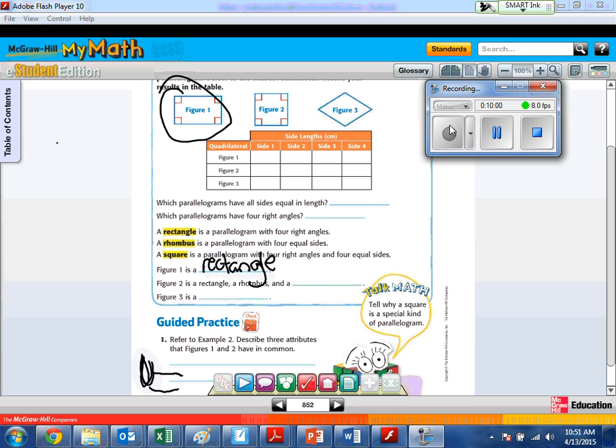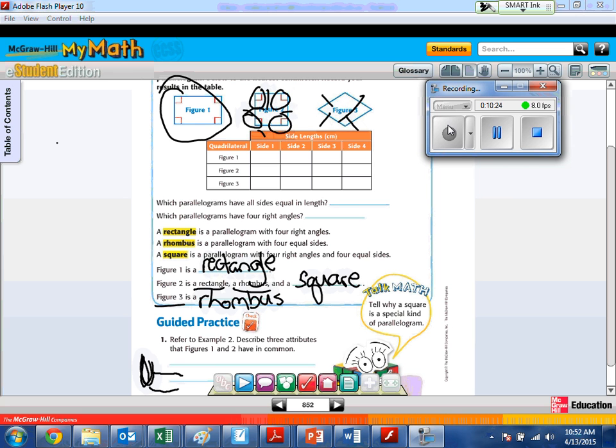We know figure 2 is a rectangle because it has 4 right angles. It's a rhombus because it has 4 equal sides. So that makes it the mother of all quadrilaterals, the square. And finally, figure 3. Figure 3 we know has 4 equal sides, so that makes figure 3 a rhombus.